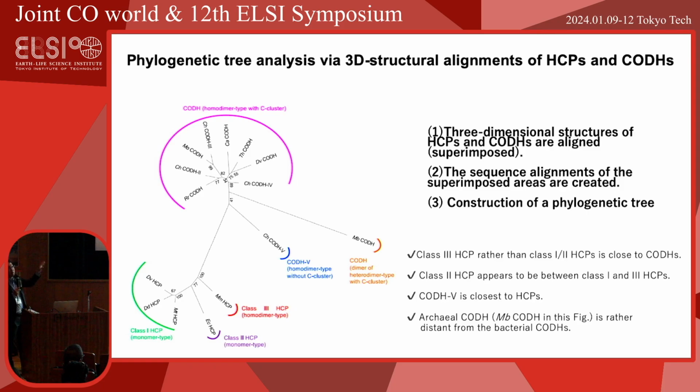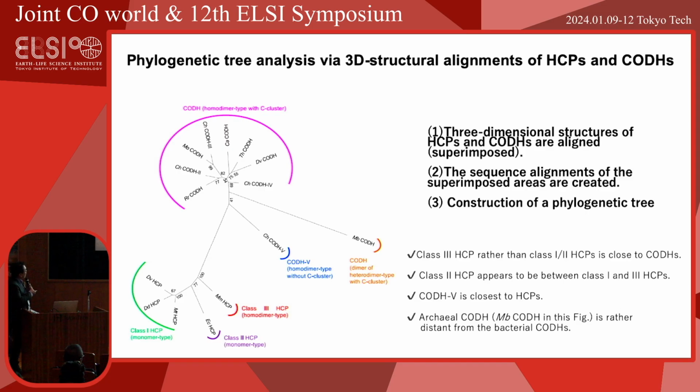Once the superimposition was achieved, the superimposed amino acid sequences were extracted to make this tree. Then we see class 3 is very close to the CODH clade, and CODH5 is also close to the HCP region. And typical nickel-containing CODHs are far from this HCP region.